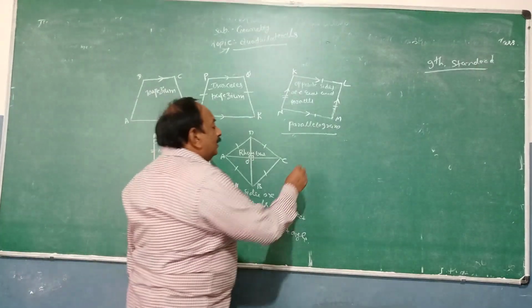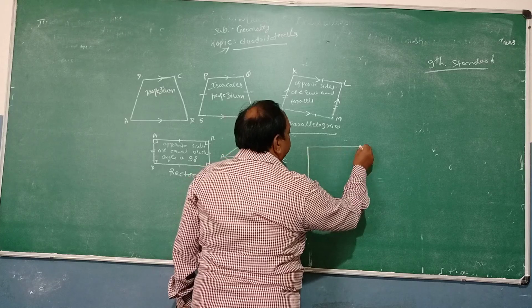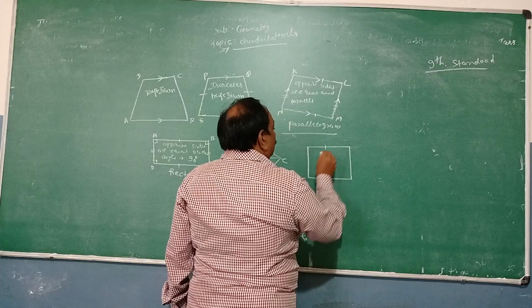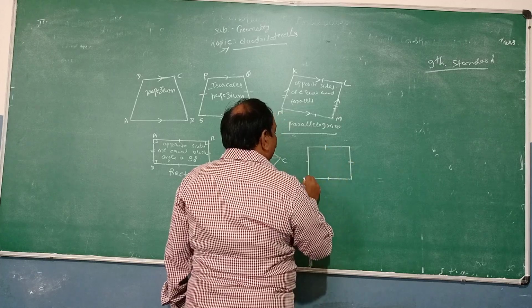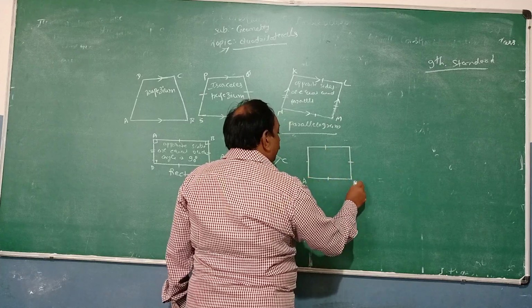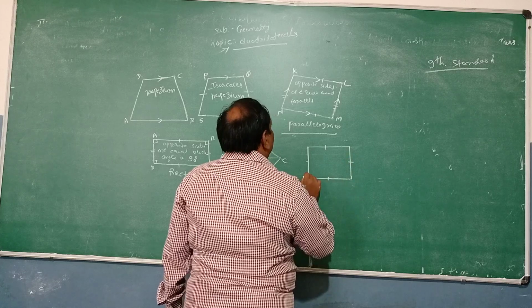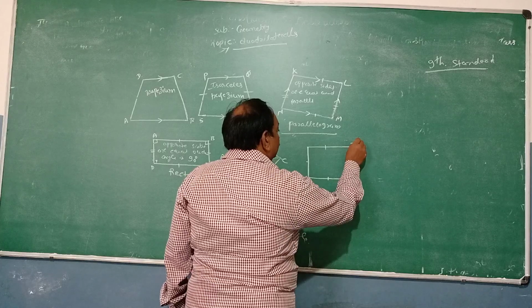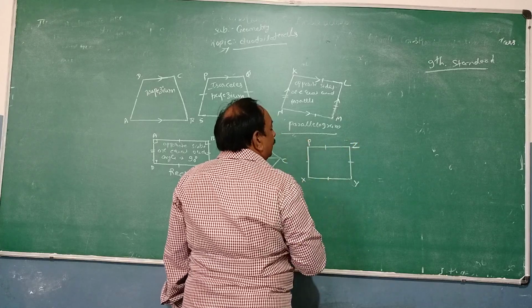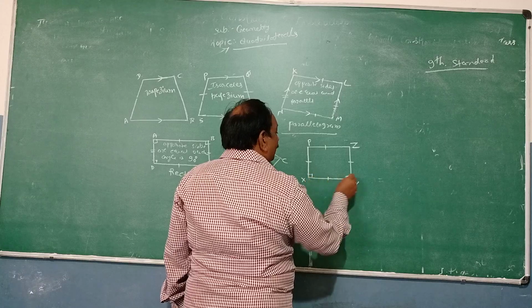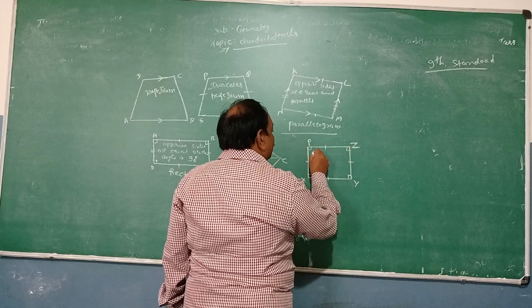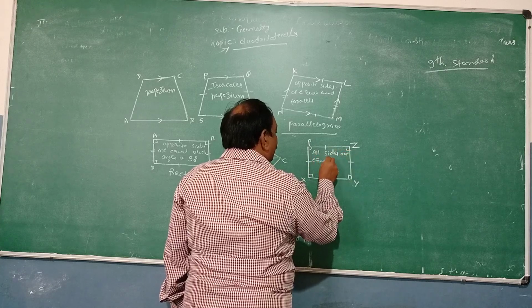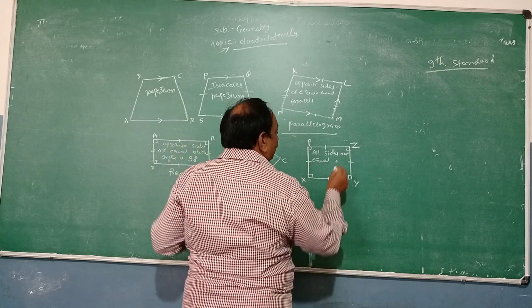Then we have another geometrical figure. X, Y, Z, P. All sides are equal and each angle is 90 degrees.